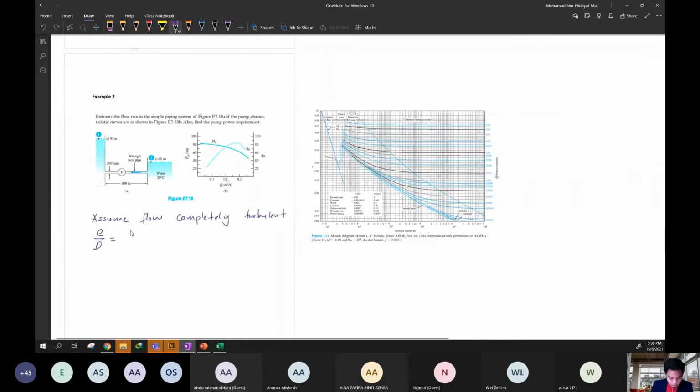So 0.046 mm divided by the diameter of this pipe, which is 200 mm, gives 0.00023. From here, look at the Moody diagram.